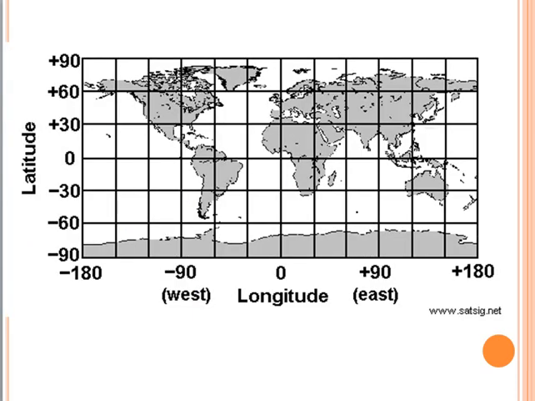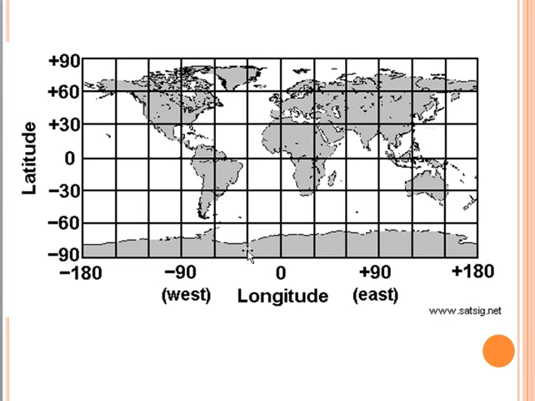So one thing that makes it a little easier to locate places on a map is to not use the spherical map, but to spread it out on a flat two-dimensional surface. If you look at the Earth in this perspective, you have the prime meridian at 0 degrees longitude, and the eastern hemisphere is shown with positive numbers up to 180, and the western hemisphere can be shown with negative numbers.